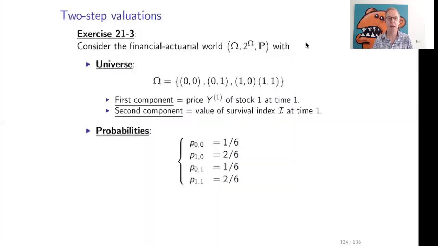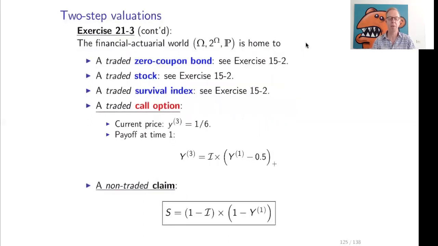Now we go to a further step in exercise 21. We have the same setting, again the same financial actuarial world as before with strictly positive probabilities, but apart from the zero coupon bond, the stock and the survival index, we add a fourth traded asset, an exotic call option. The current price of this call option is 1/6.